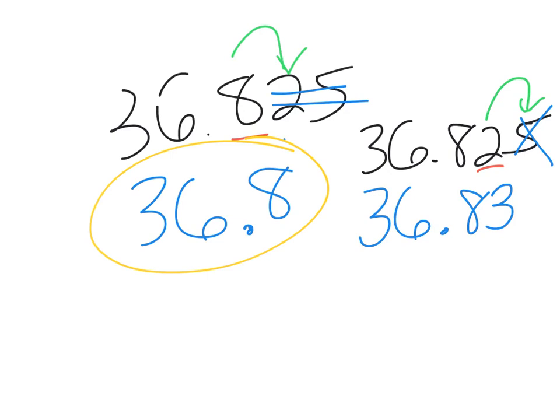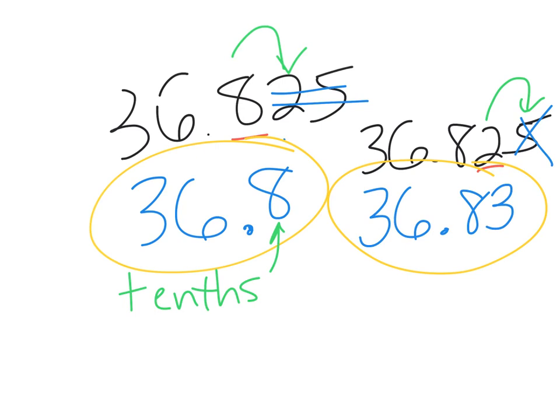So rounded to the nearest hundredth would be 36.83. A way to remember that: rounded to the nearest tenth, you're always going to have just one number written after the decimal point, whereas if you're rounding to the hundredths place, you're always going to have two numbers written after your decimal point. And that's all you will see on the midterm, either rounding to the tenths or the hundredths, and that's how we would apply that.